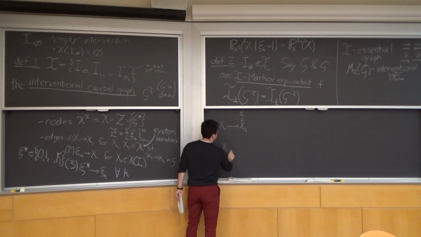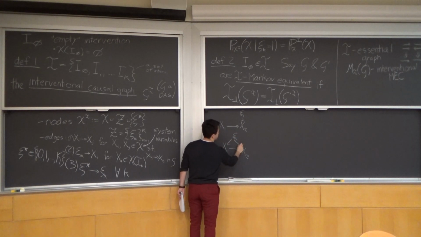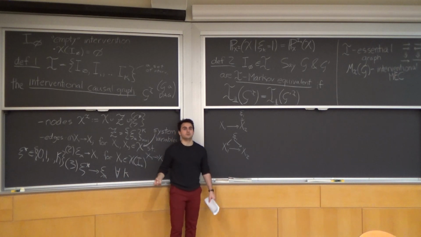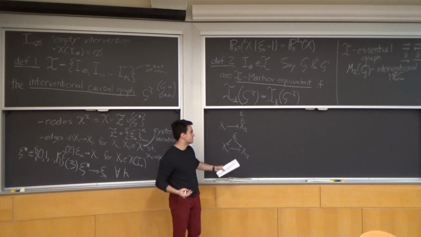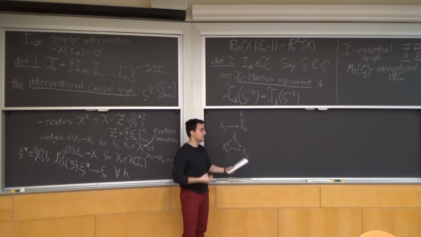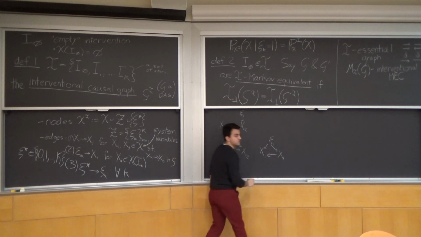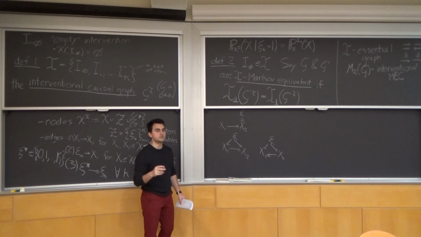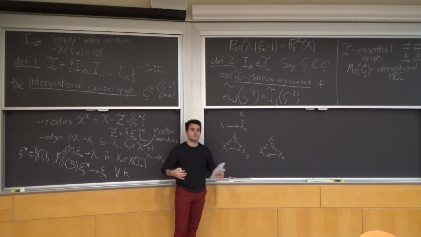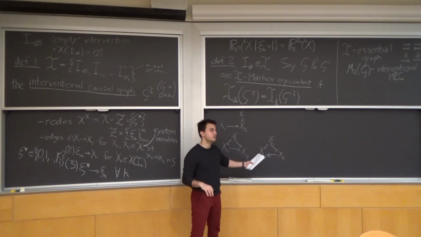But if we were to intervene on both of them, we actually aren't getting any new information. Think about doing a do intervention and setting X1 to some value and X2 to some value. The exact same thing would have happened if you had set X1 and X2 to those values in the graph with the edge in the opposite direction. So adding targets to an intervention can give you less identifiability.